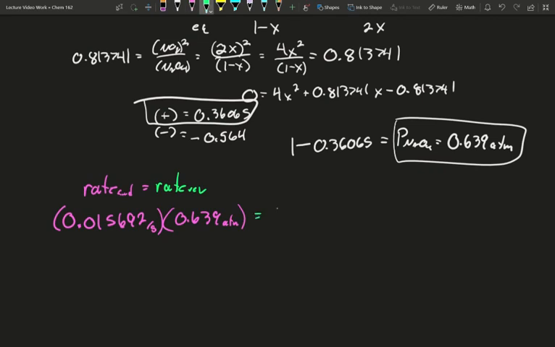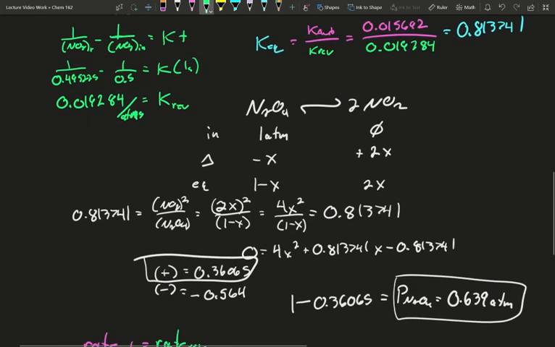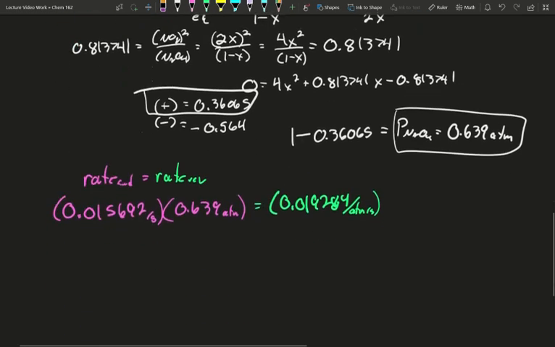All that had to equal our K reverse, 0.019284. I just realized an error. This is atmosphere seconds, not liters per mole. We weren't using concentrations. We were using atmospheres. So we need to adjust that discussion a little bit on our K value there.